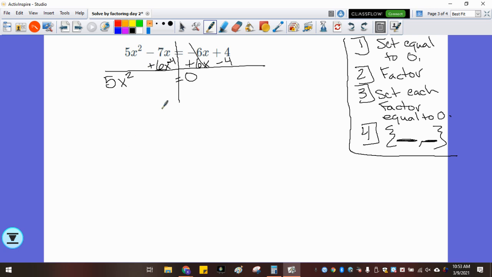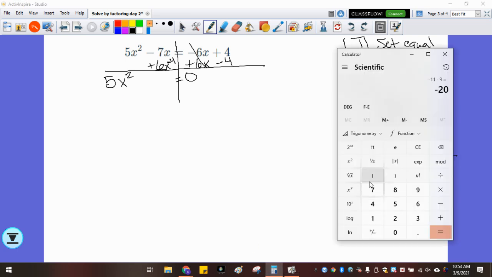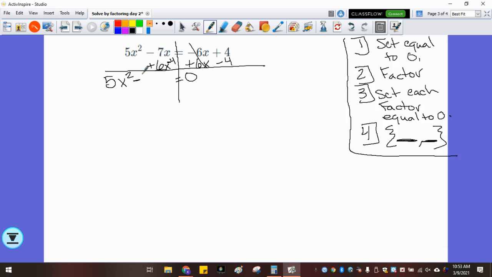Negative 7x plus 6x: negative 7 plus 6 is negative 1. So negative 7x plus 6x is negative 1x. Then we have minus 4.